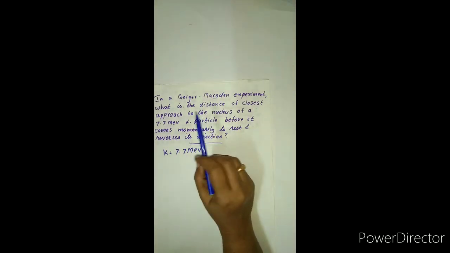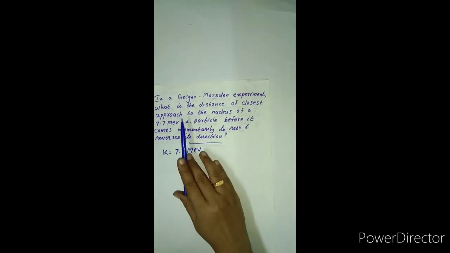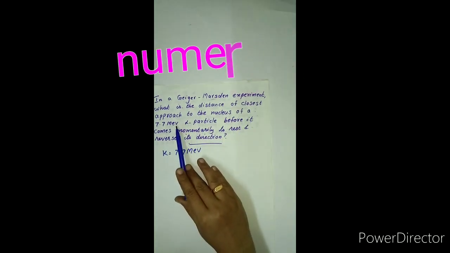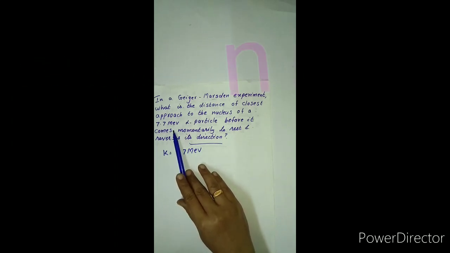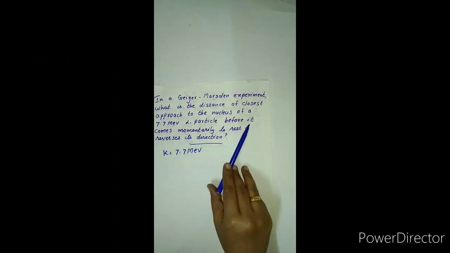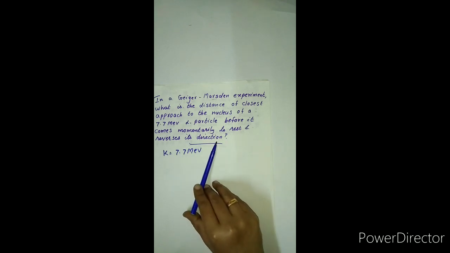Next are numericals. In a Geiger-Marsden experiment, what is the distance of closest approach to the nucleus of a 7.7 mega electron volt alpha particle before it comes momentarily to rest and reverses its direction?